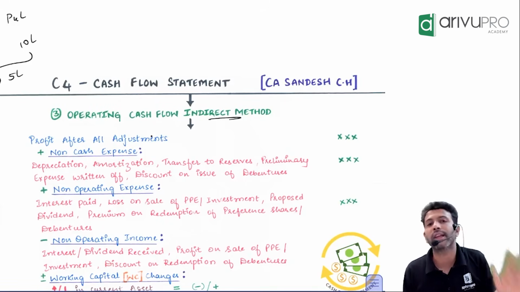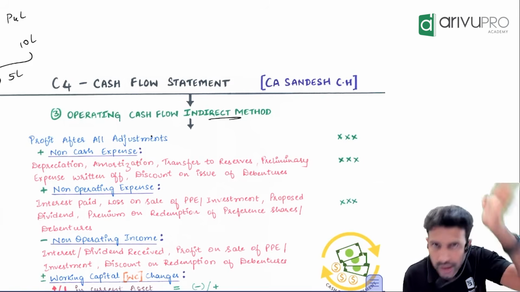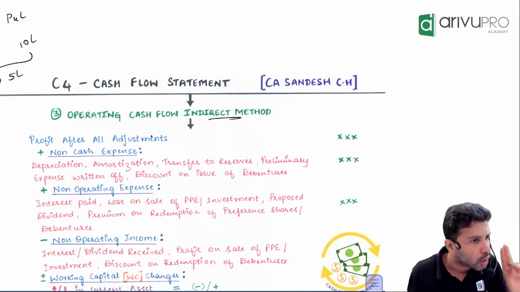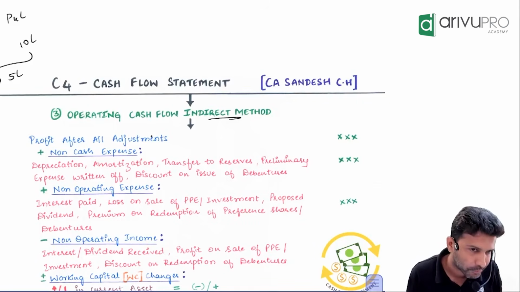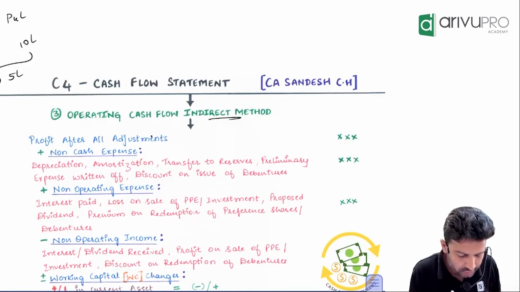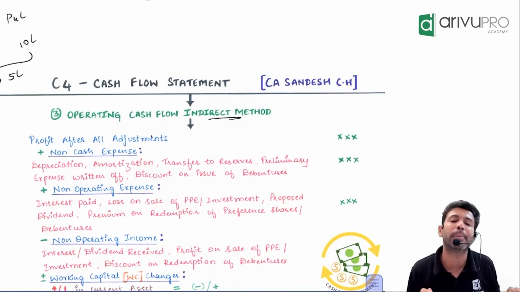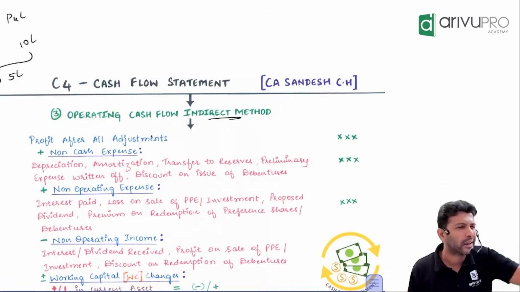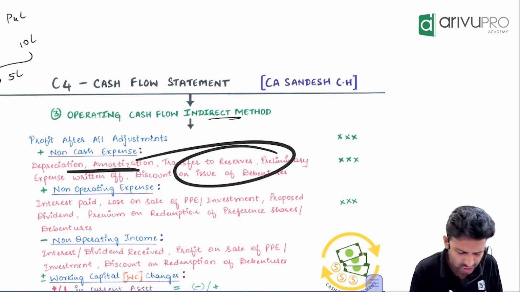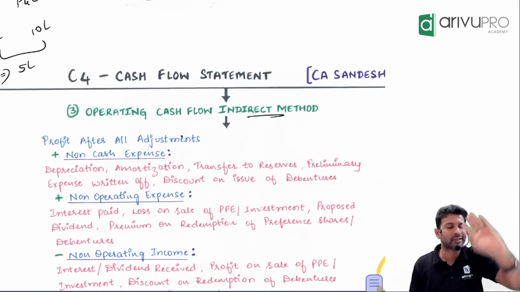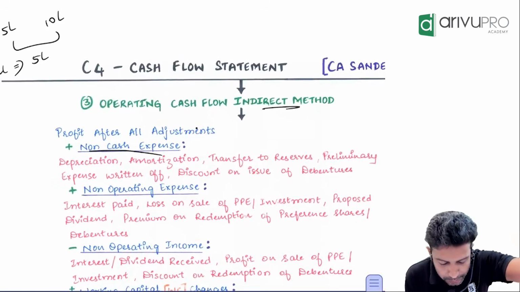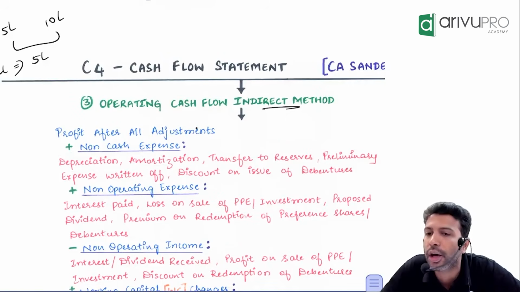The first thing I have to do is, if there are any non-cash expenditures, add them back. Examples of non-cash expenditures are depreciation and amortization.